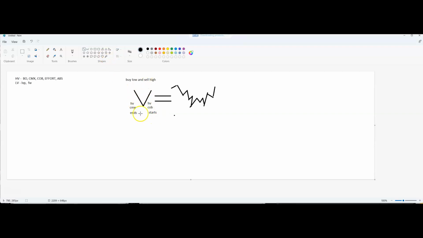On the left hand side and the right hand side, you have high volume. So let's say I just put it here and here. That creates the turn. One to end the move, the other to start it. Okay. So let's take a look at some examples.